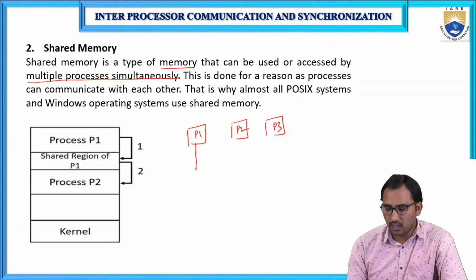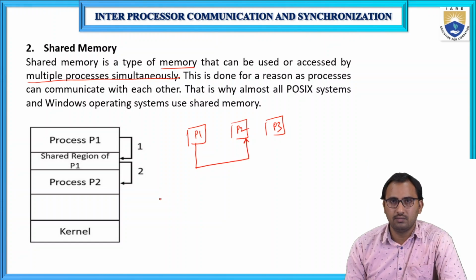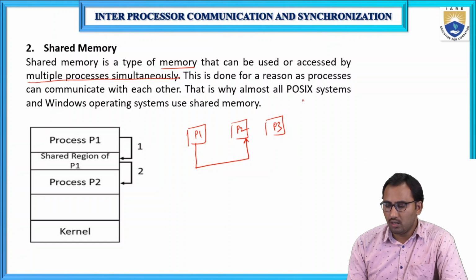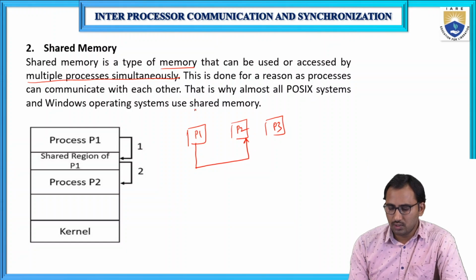One process needs to communicate with another process. So mainly this shared memory is used for communication, in order to let the processes communicate with each other. That is why almost all POSIX systems and Windows operating systems use shared memory.